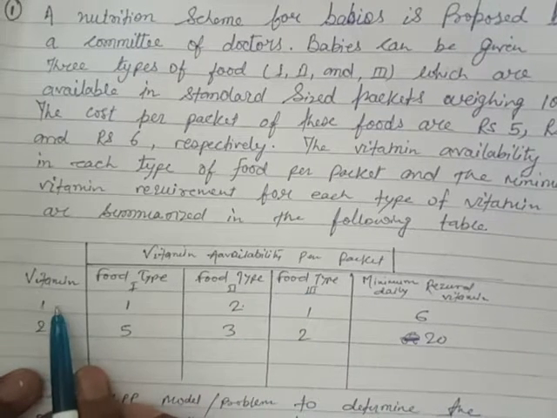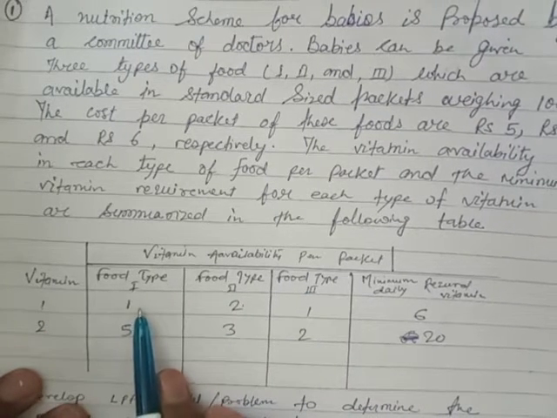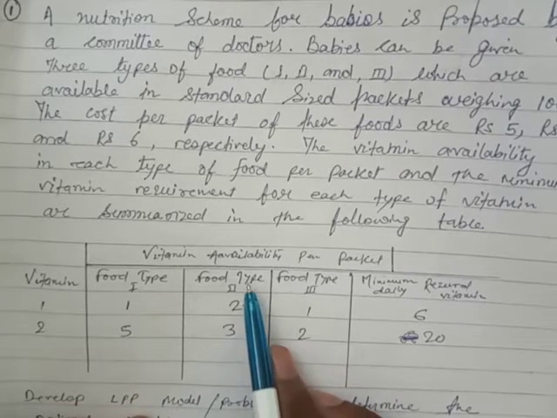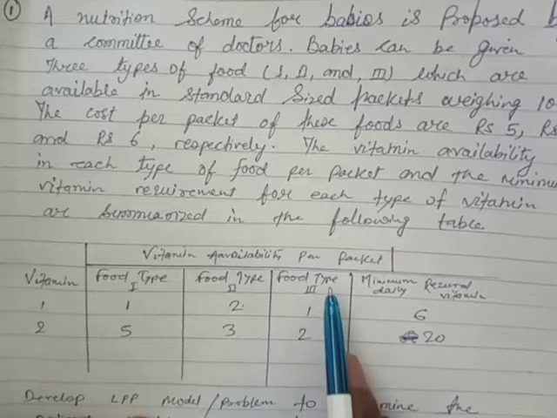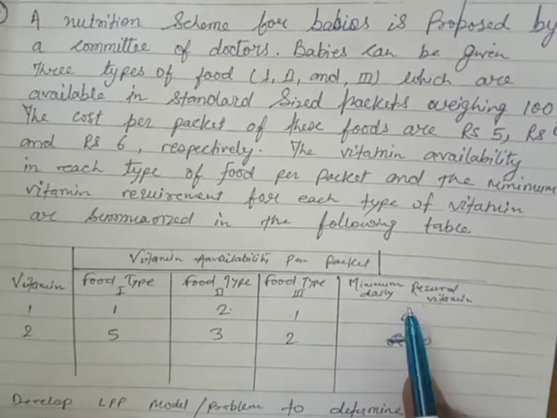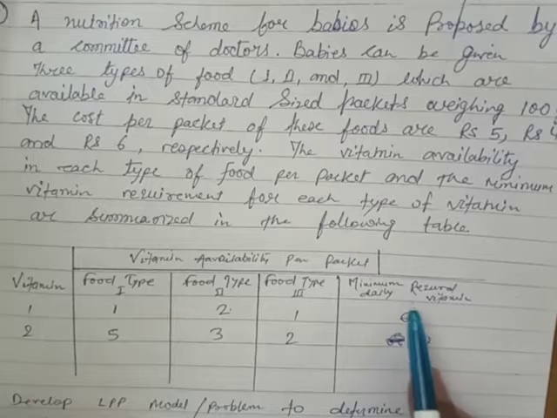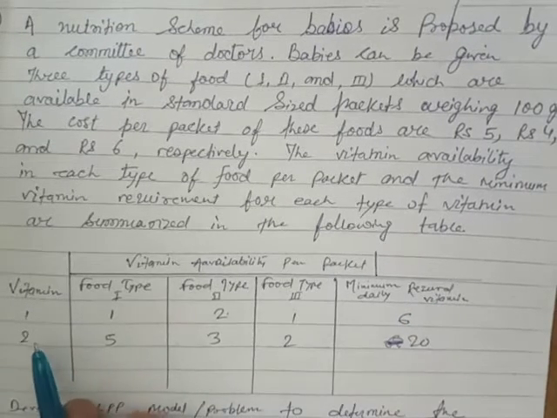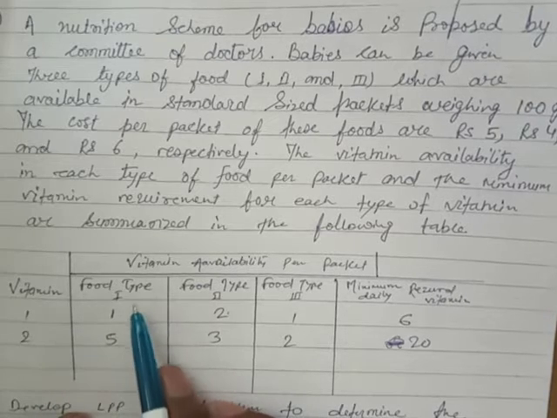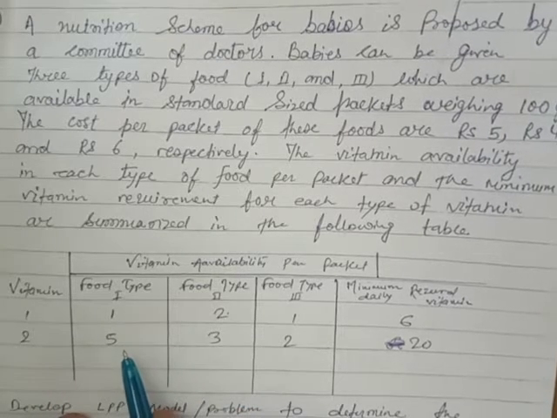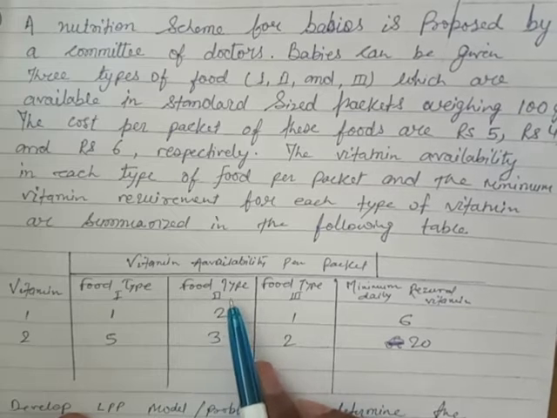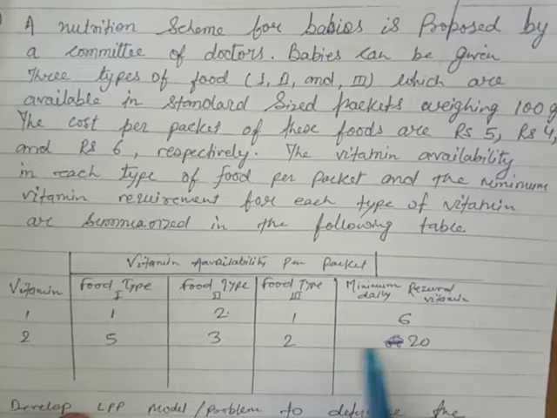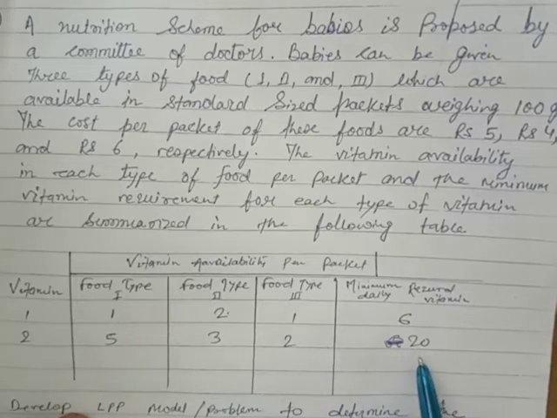Vitamin 1 contains 1 unit from food type 1, 2 from food type 2 and 1 from food type 3, and the minimum daily required vitamin is given as 6. Vitamin 2: food item 1 contains 5 units, food 2 contains 3 units and food type 3 contains 2 units, and the minimum requirement is given as 20.